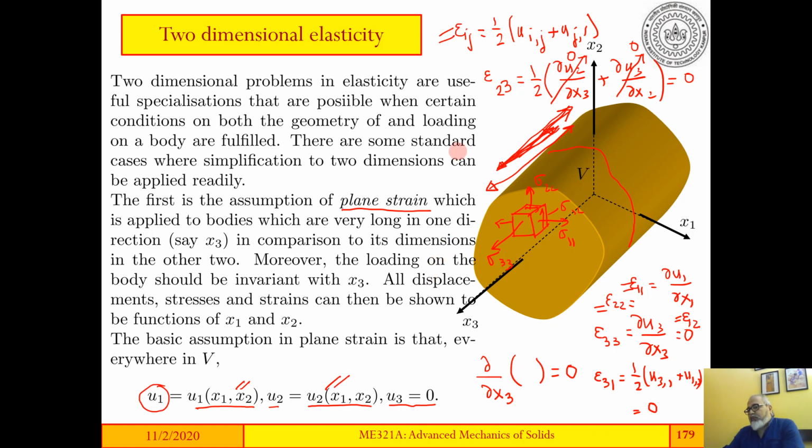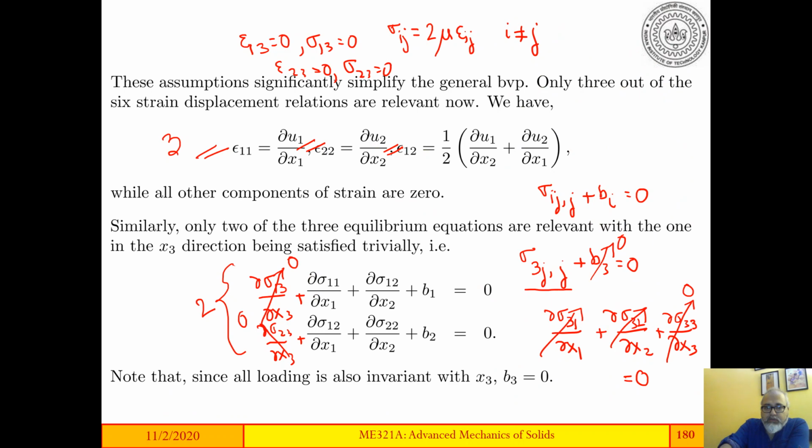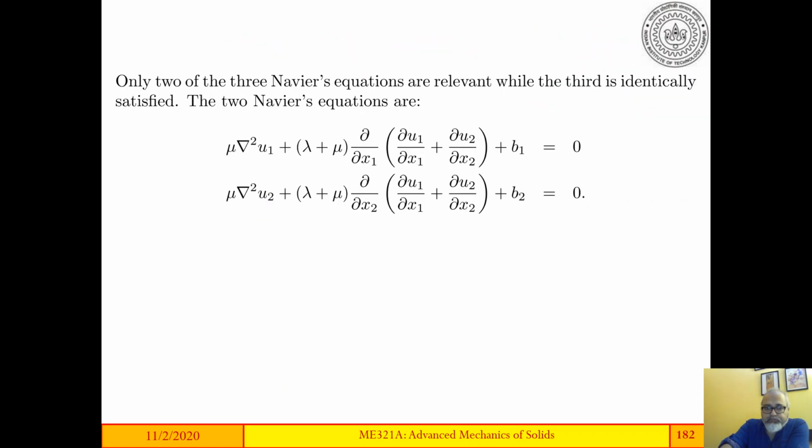So the stresses cannot be all drawn on the x1 x2 plane, but the sigma 3 3 is not independent, and you basically have to solve for 1 1, 2 2 and 1 2.